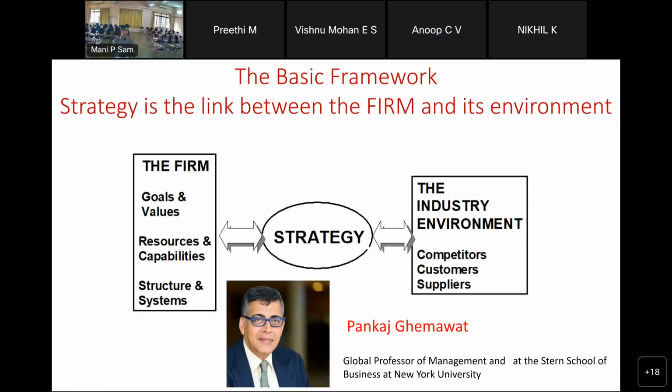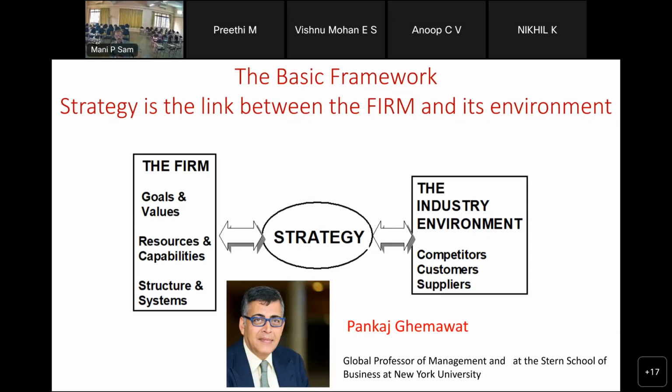Pankaj Ghemawat, Global Professor of Management, strategy is what connects the firm, the business, with the environment. The environment includes every stakeholder, like your competitors, your customers, your suppliers, the whole environment in which you operate.